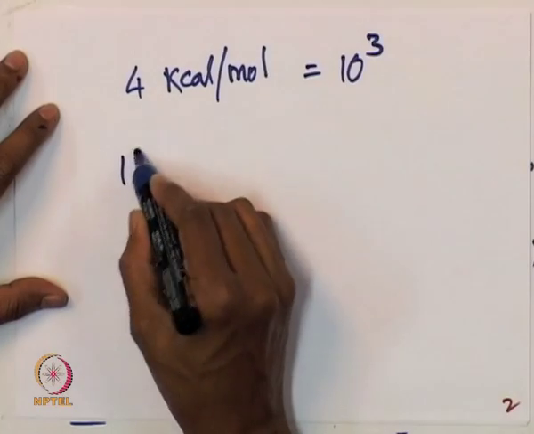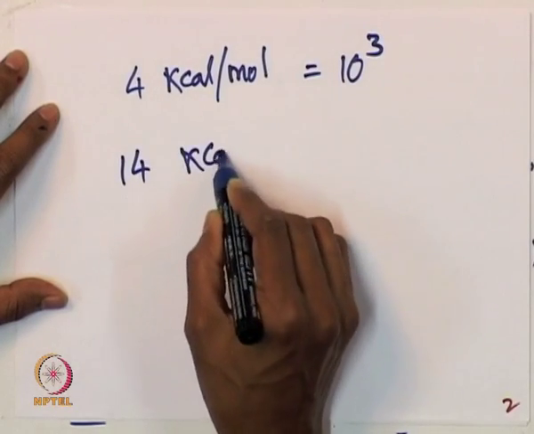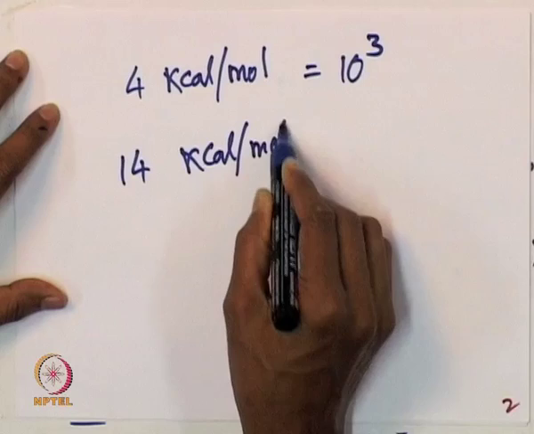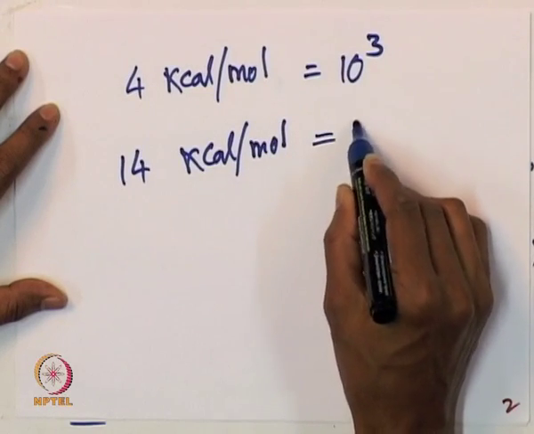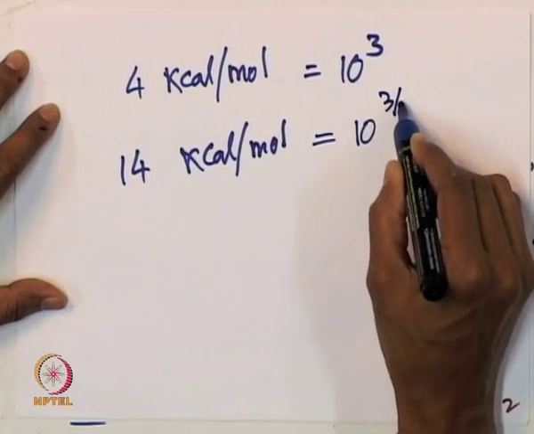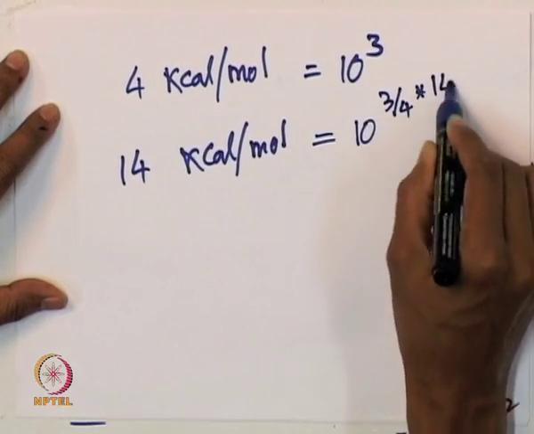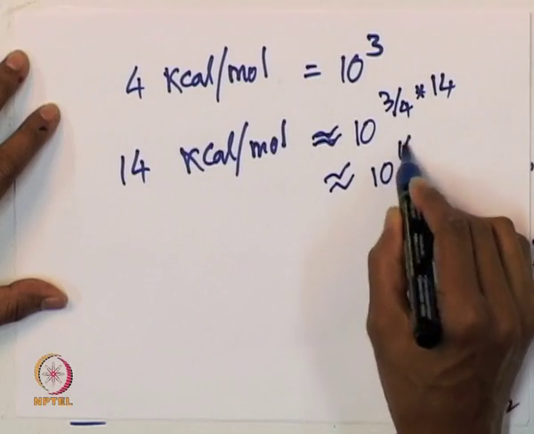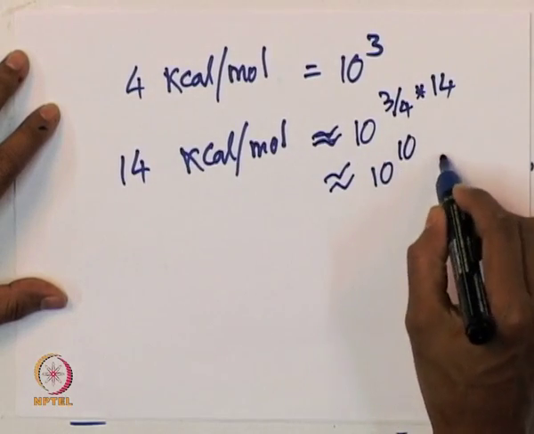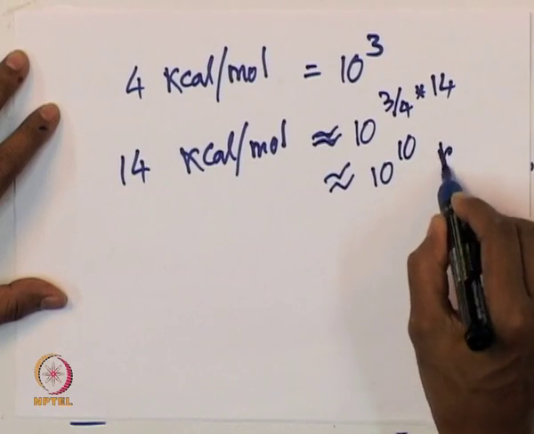In this case a 14 kcal per mole difference is there, and thereby you are looking at something like 10 to the power 10, approximately 10 to the 10 times rate difference.